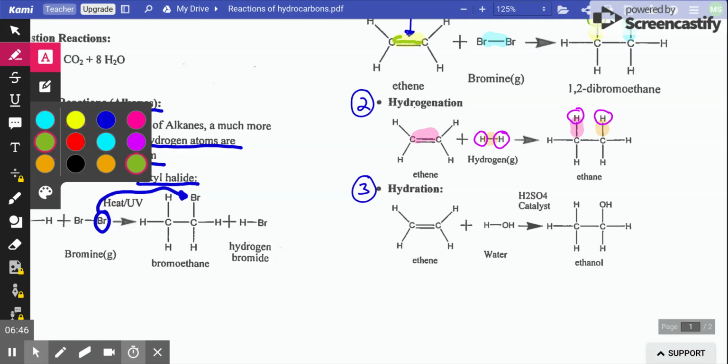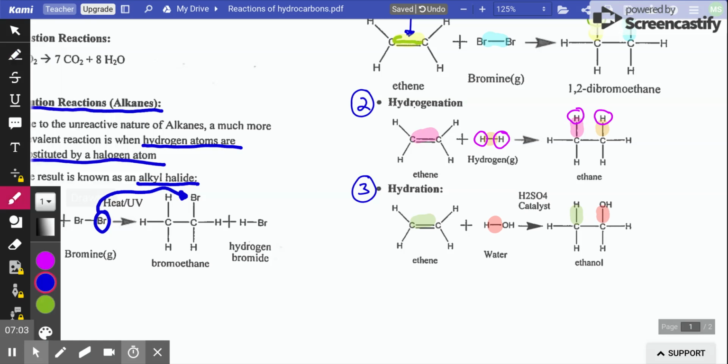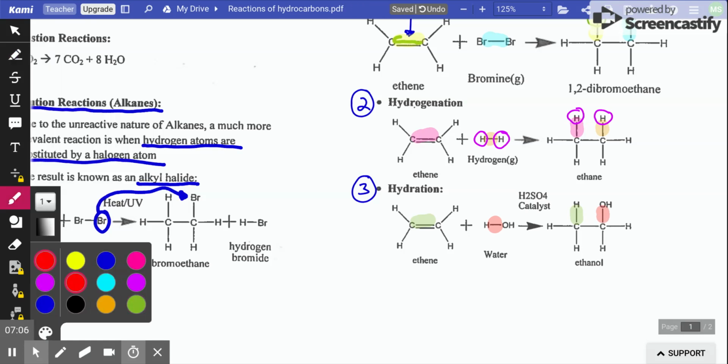So these electrons in this double bond are going to be used to connect this hydrogen, and those two electrons here are going to be used to connect the hydroxide. So in hydration, this hydrogen is going to come here. This hydroxide is going to come here. And it's important to recognize that the hydration reaction requires a catalyst. Okay, so just remember that we need a catalyst for hydration. That's going to become important a little bit later.